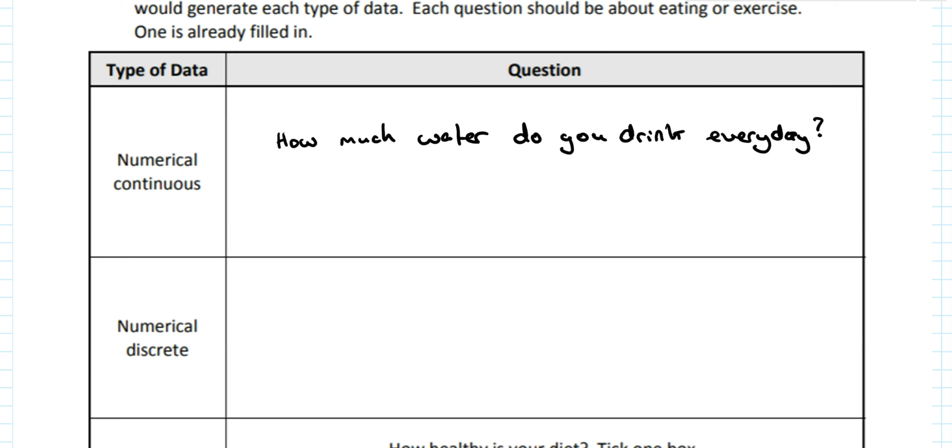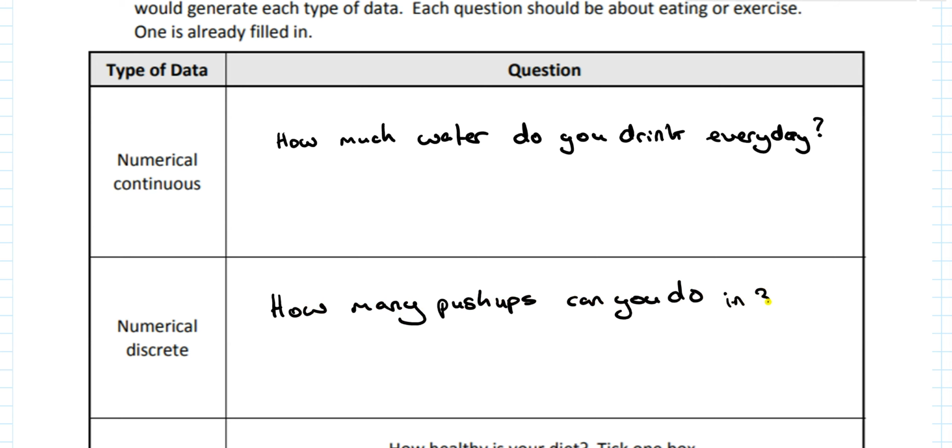Discrete means it wants to be set values. So the marking scheme says, how many push-ups can you do in 30 seconds? Or, like, you want whole numbers or very specific numbers.